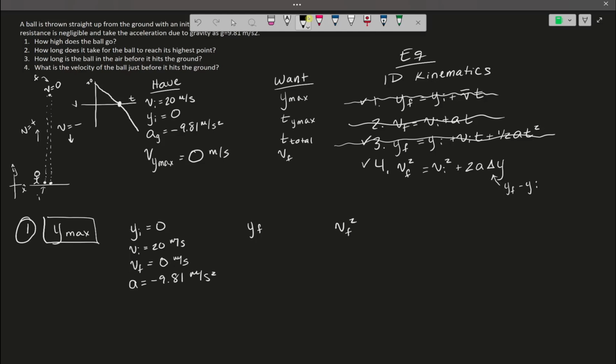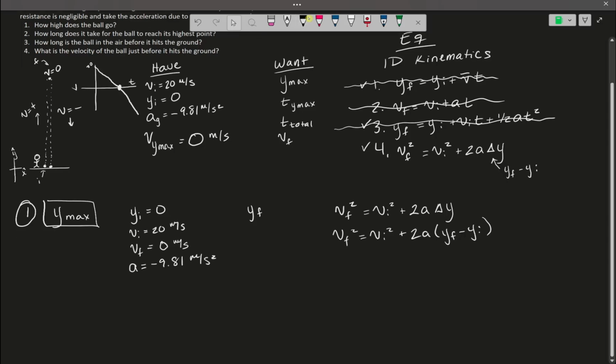So I have my final velocity squared is equal to my initial velocity squared plus 2 times my acceleration times my change in y. Let me make sure I have everything that's necessary. So I have a final velocity, I have an initial velocity, I have an acceleration, and I have part of my delta y. I'm going to replace this with final minus initial.